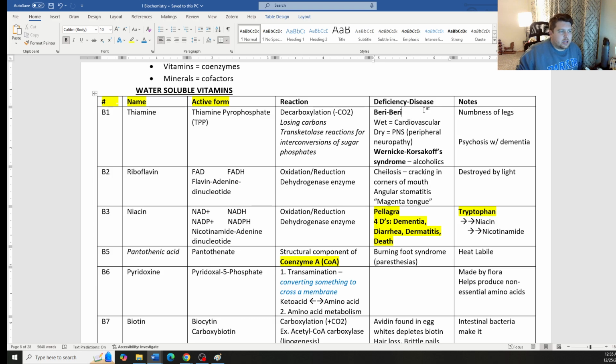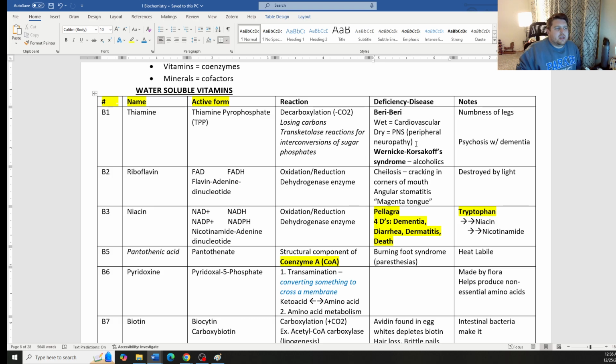This is a condition where you can have some neurological type symptoms, and you have a lot of issues because you don't have the thiamine. So you can have two types. You can have wet beriberi, which means that you don't have enough thiamine within the portions of the cardiovascular system, or you can have dry beriberi, which is more peripheral nervous system related, specifically peripheral neuropathy.